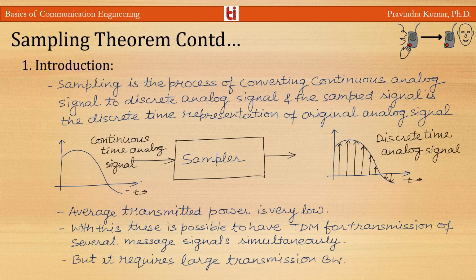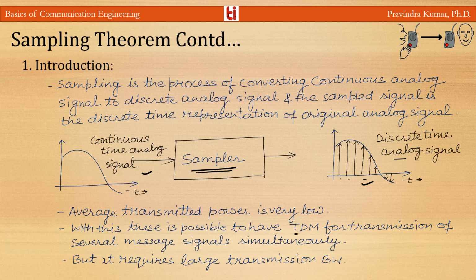So here this is the continuous time analog signal, and if we do sampling with the sampler, we will get a discrete time analog signal. Here time is discrete, but the amplitude is still in analog form, and this type of transmission will require larger bandwidth.